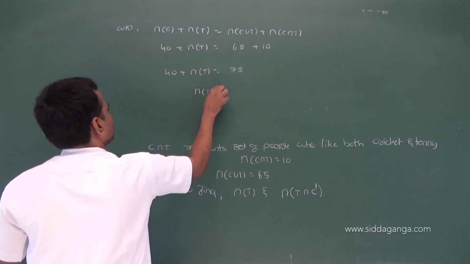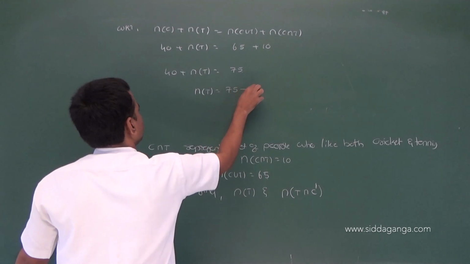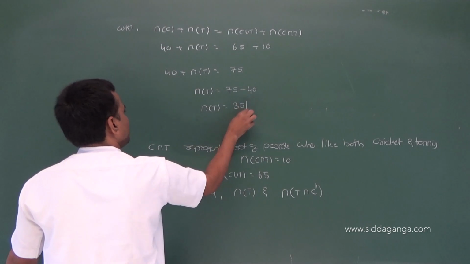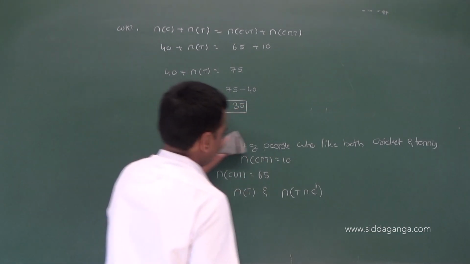N of T is 75 minus 40. It is 35. First one is over.